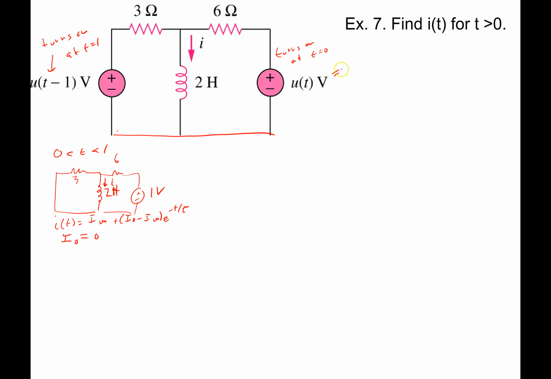This source equals 0 for t less than 0 and 1 for t greater than 0. So in the steady state, long times pass, these have been off for a long time. There's no initial current flowing through that inductor. So I0 is 0. That's because of the initial condition.